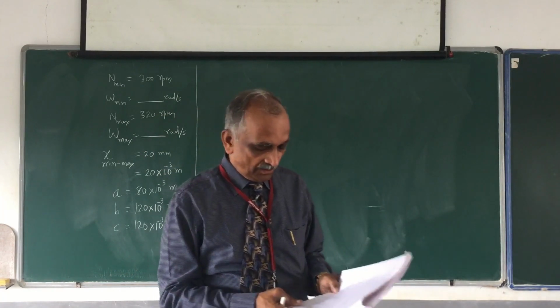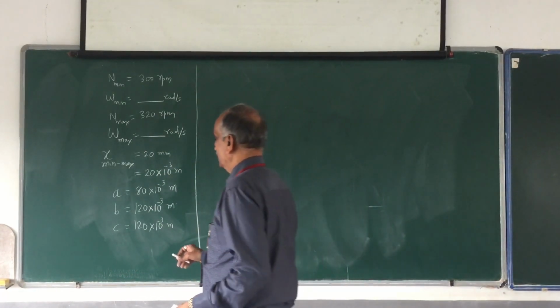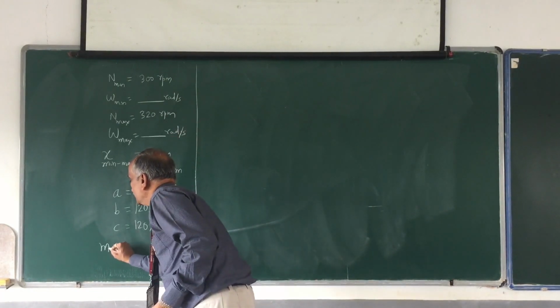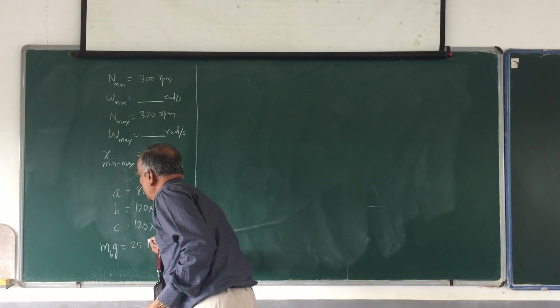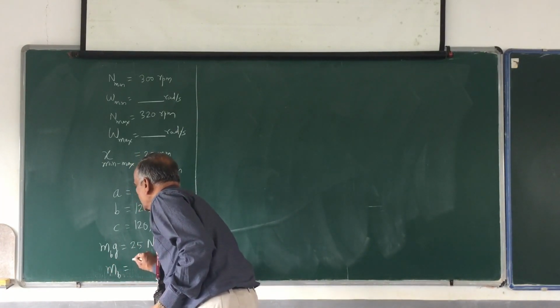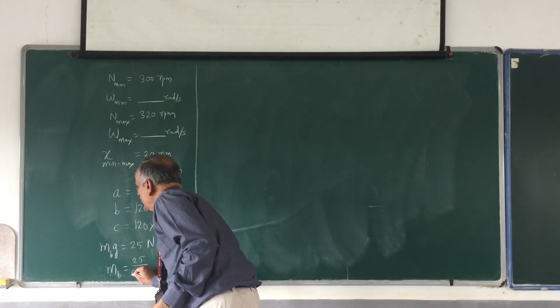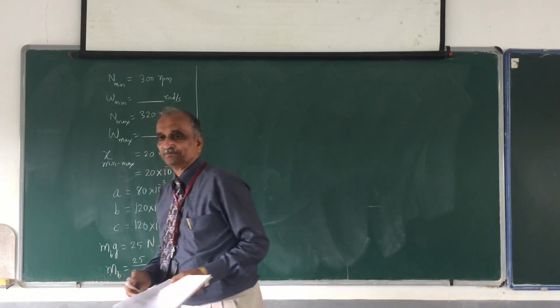Full stop. The weight of each ball is 25 Newton. Okay, so the weight is given. MB multiplied by g is 25 Newton. But I require the mass MB: 25 divided by 9.81. This is so many kgs.